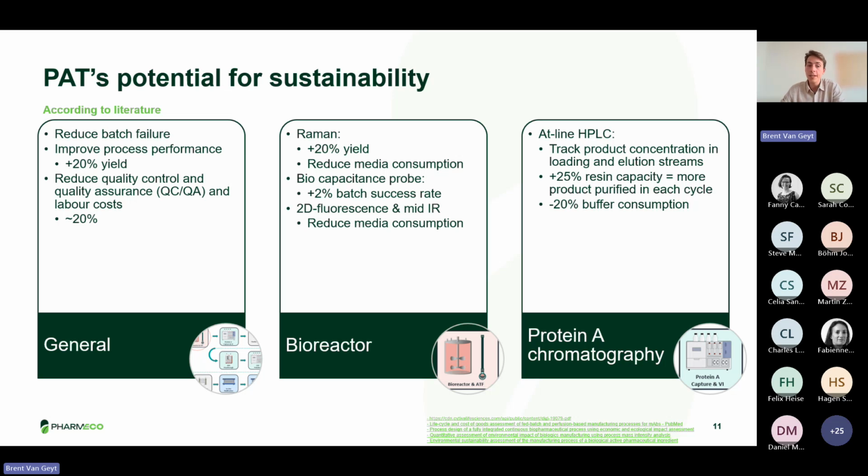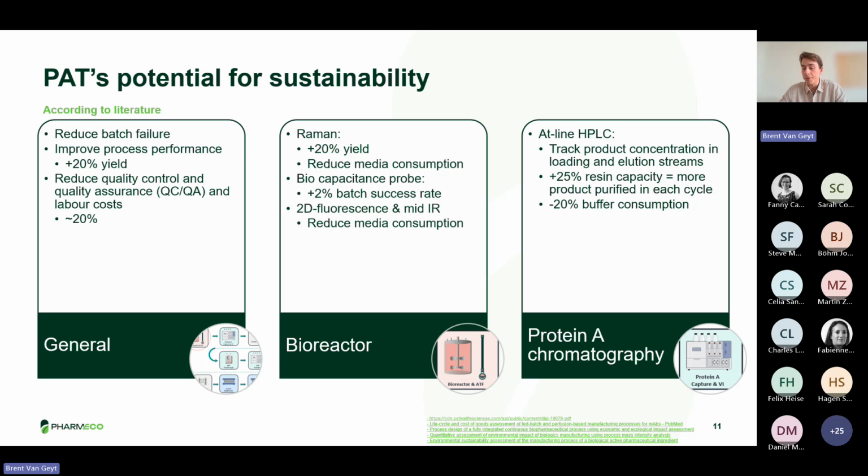Then if we look more closely at the bioreactor, implementing a Raman device can increase the yield by 20% and reduce media consumption. Implementing a biocapacitance probe can increase the success rate by 2%, and a 2D fluorescence and mid-infrared can also reduce media consumption.